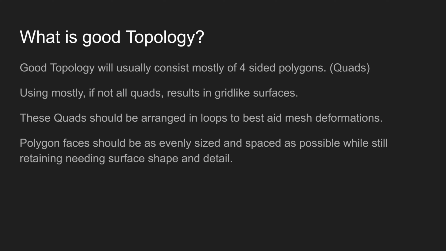So that being said, what is good topology? Good topology will usually consist mostly of four-sided polygons or quads. That's not to say that tris can't be used. Tris are definitely used all the time in many different circumstances. Using mostly, if not all, quads results in the creation of a grid-like surface.